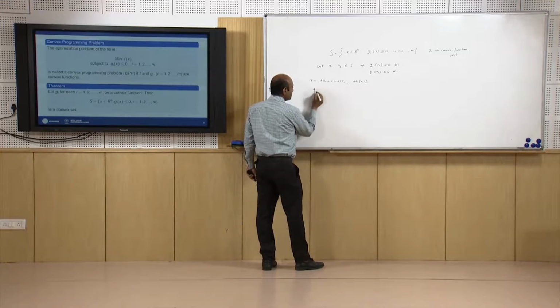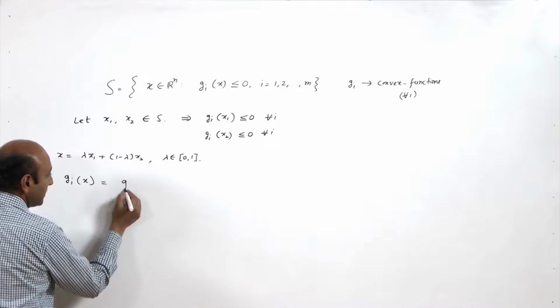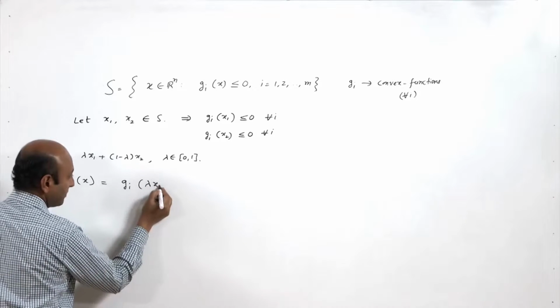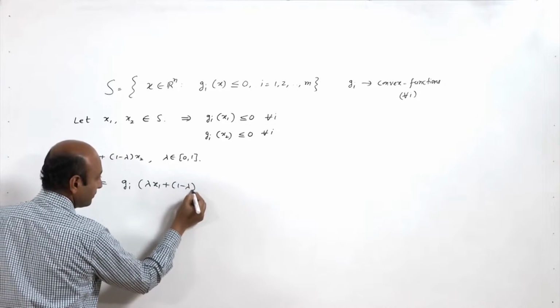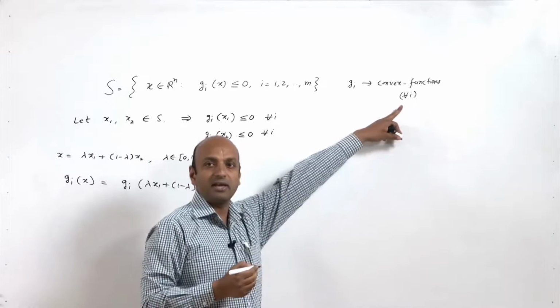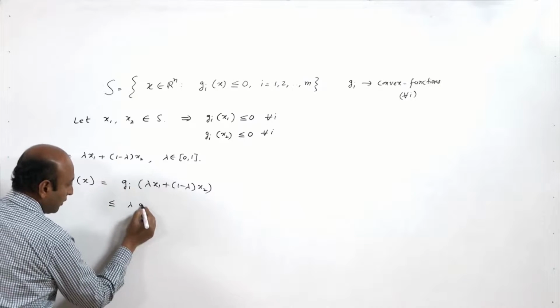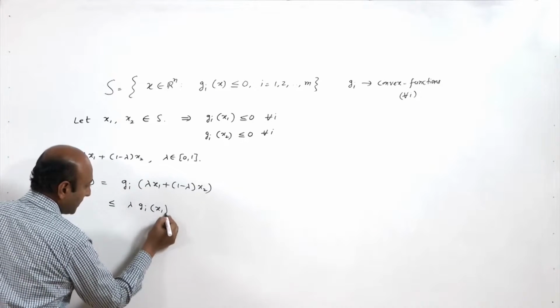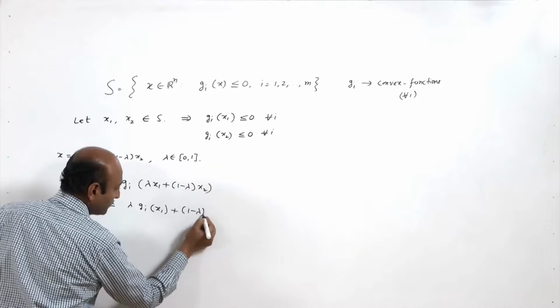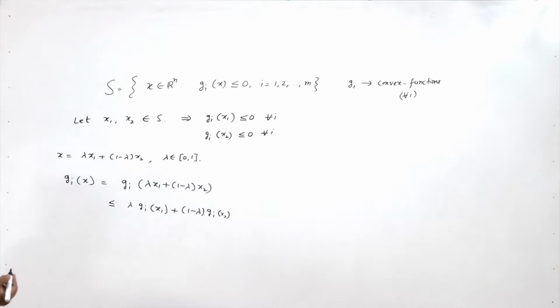You take g_i(x). It is nothing but g_i(lambda x1 + (1 - lambda) x2), and since g_i's are convex functions for every i, this is less than or equal to lambda g_i(x1) plus (1 - lambda) g_i(x2), since g_i's are convex for all i.